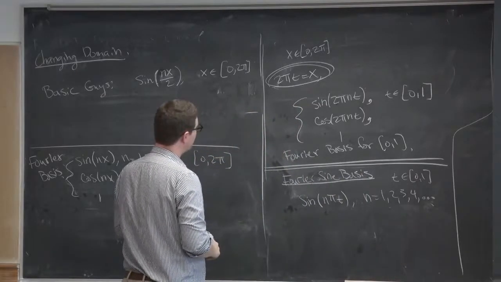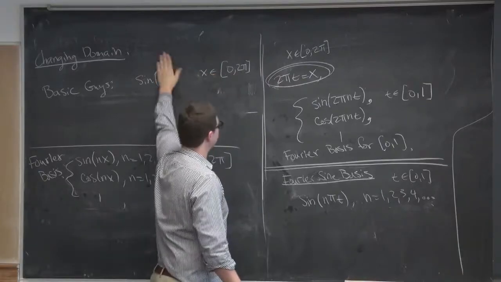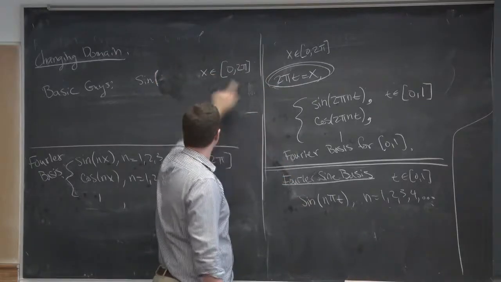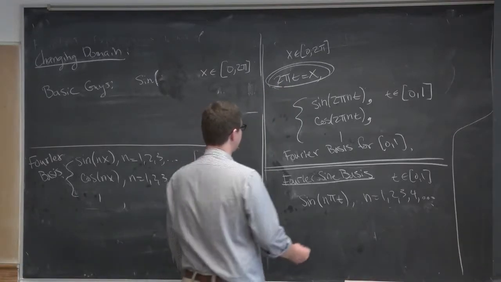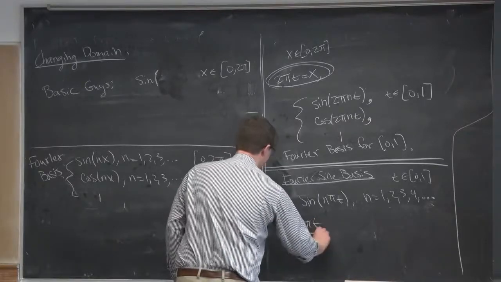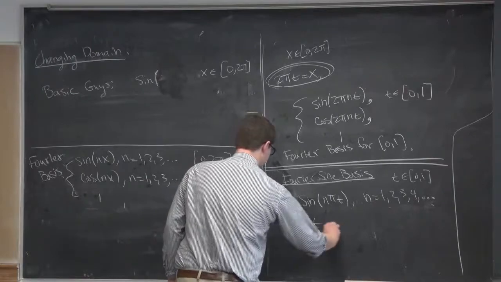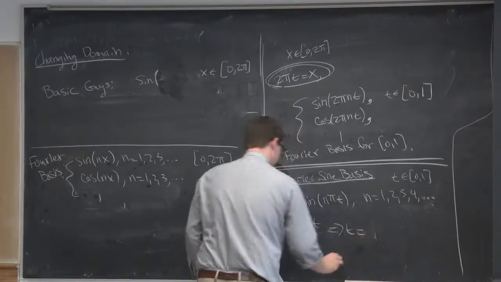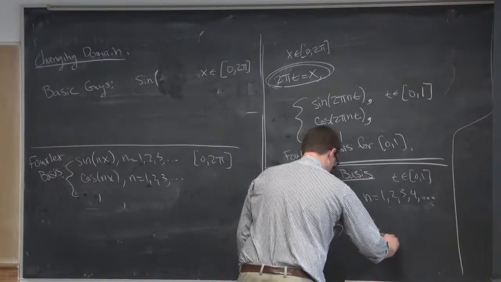Okay. So to go back to the x's, to get something here, let's figure out what this is. So to go from here to here, we have to use this relation, right? So x is equal to 2 pi t, which tells us that t is equal to x divided by 2 pi. All right.